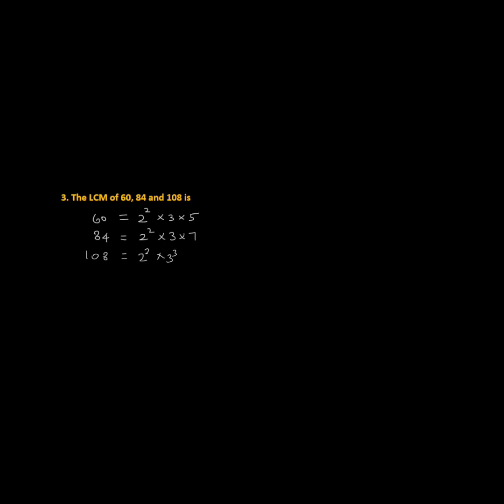Now for the common factors, here 2 power 2 is the common one, taking the highest power. So the LCM of 60, 84, 108 is equal to 2 squared, and the next common is 3. In this, the highest power is 3 power 3, so 3 cube.